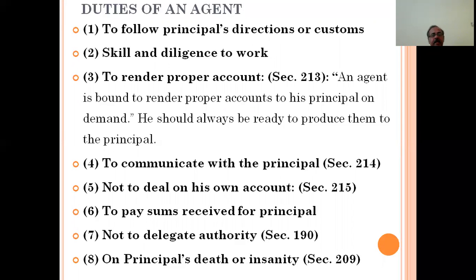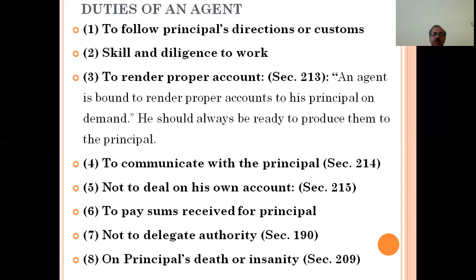But in certain cases, some emergency situation arises and the agent is unable to contact the principal. In that case, the agent is required to follow the customs or to act only for the benefit of the principal.